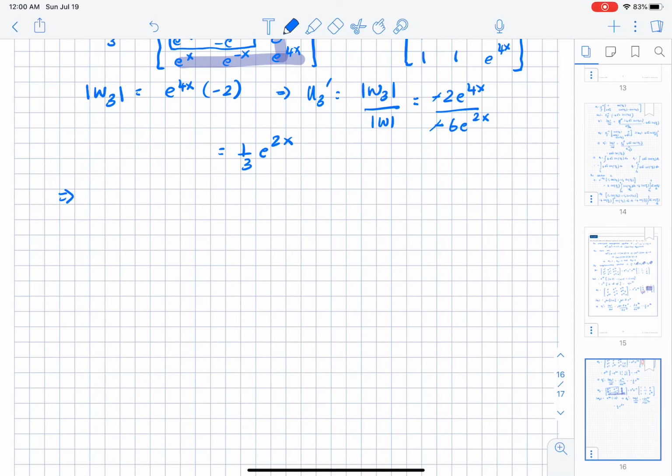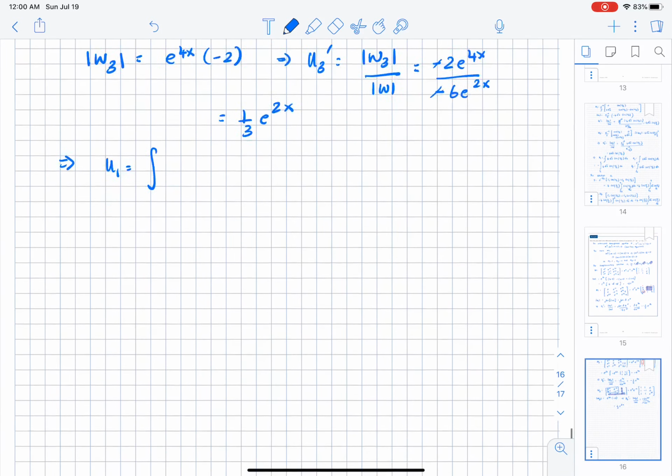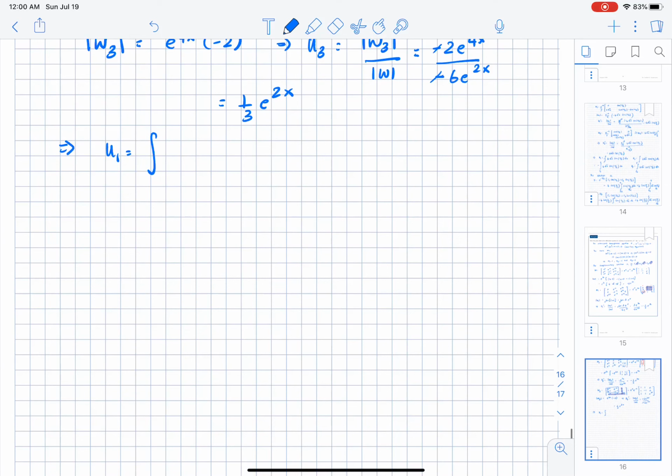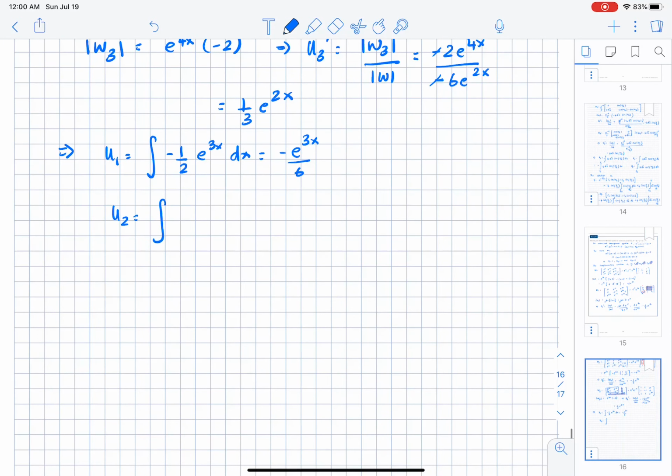So u1 would be the integral of the first term, which is negative 1/2 e raised 3x dx. And that would simply be e raised 3x over 6. u2 is the integral of negative 1 over 6 e raised 5x dx.